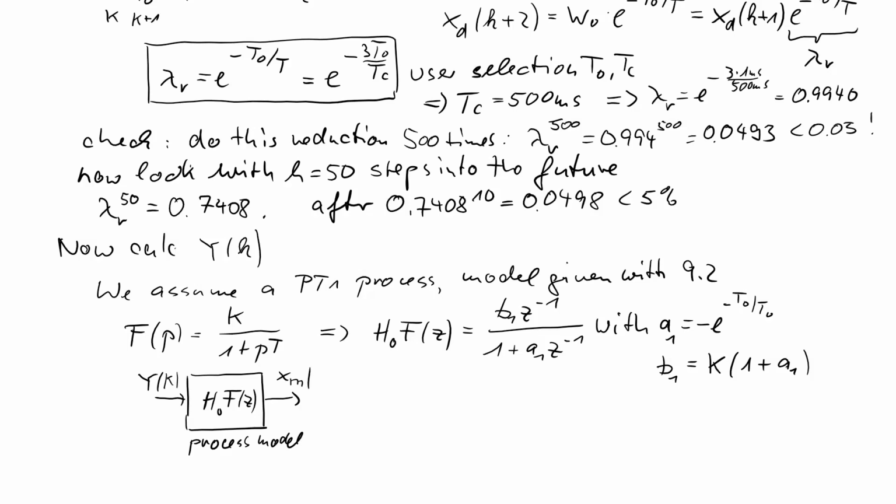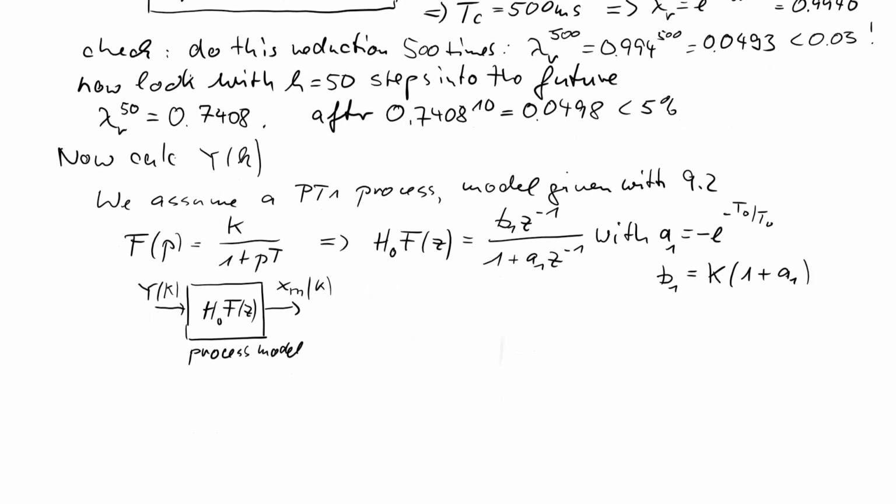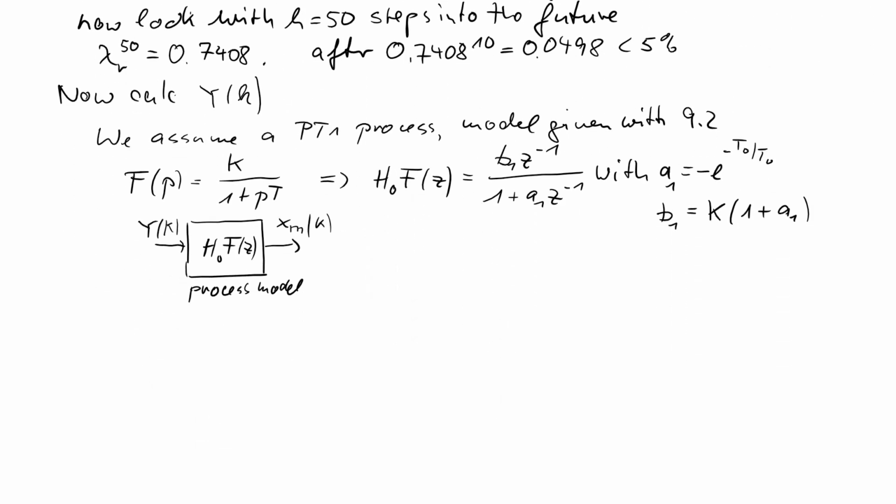So now we have xm of k, and with my equation here I can calculate that the output of the process xm of k, actual time point, is negative a1 times xm one step before, the recursive part of this algorithm, plus b1 times input y of k one step before, and I replace now the b1 here with this k times 1 plus a1.